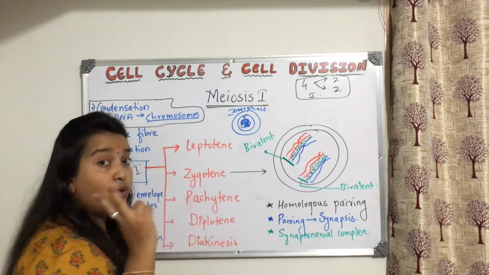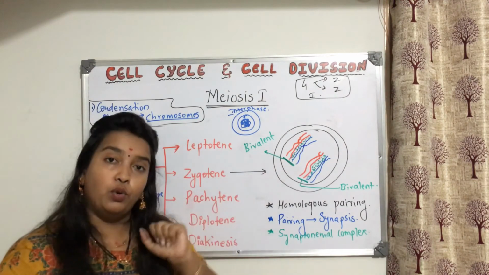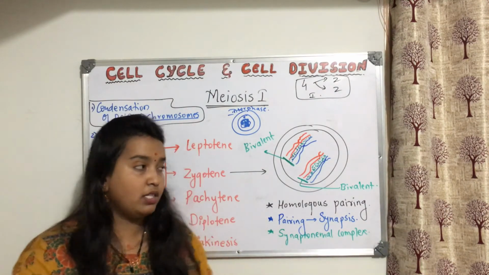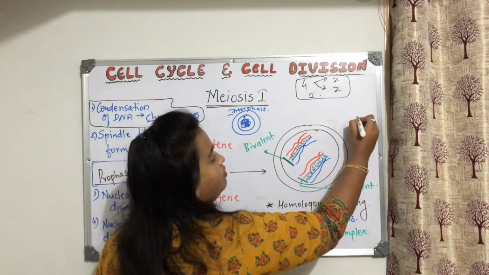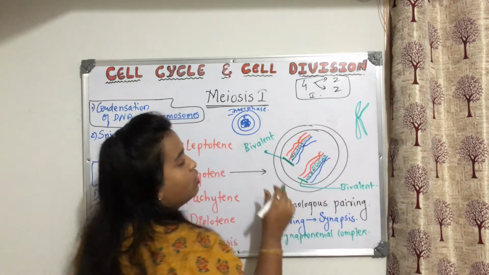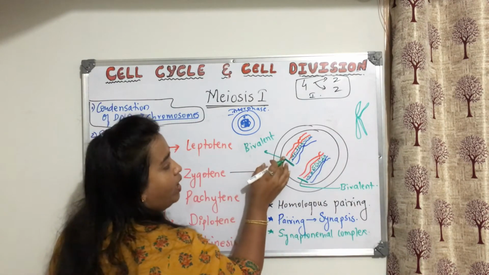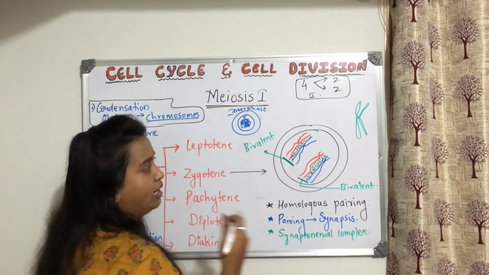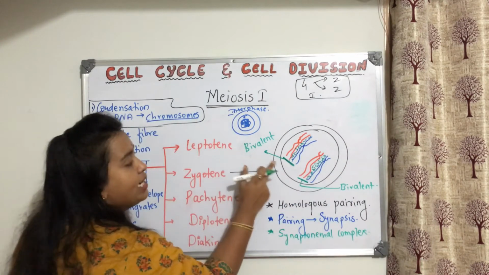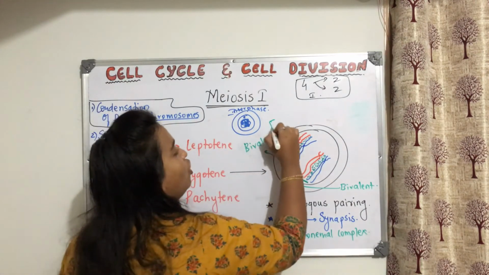Bi means two. Some students will still get confused because even this is a chromosome, and even this is a chromosome. If you consider it that way, 1, 2, 3, 4, we'll get confused. So it is better to remember we call it a bivalent, and we also call it a tetrad.